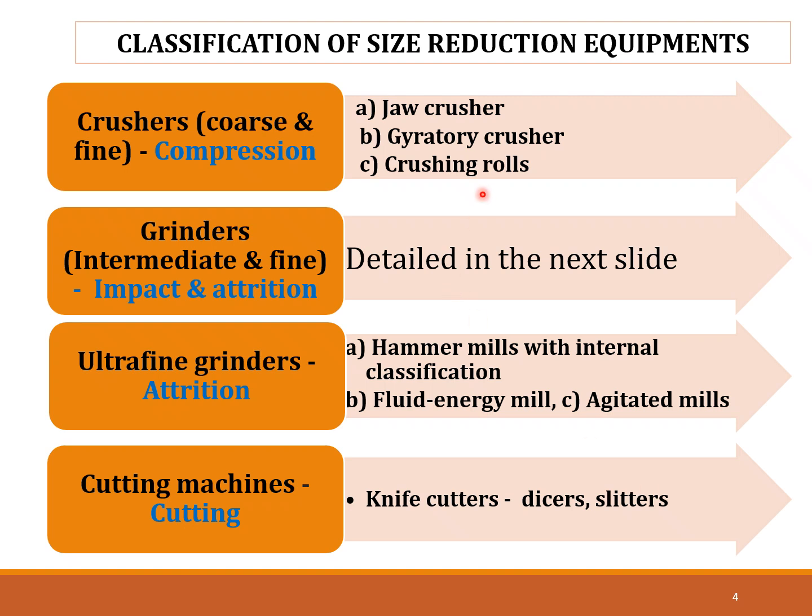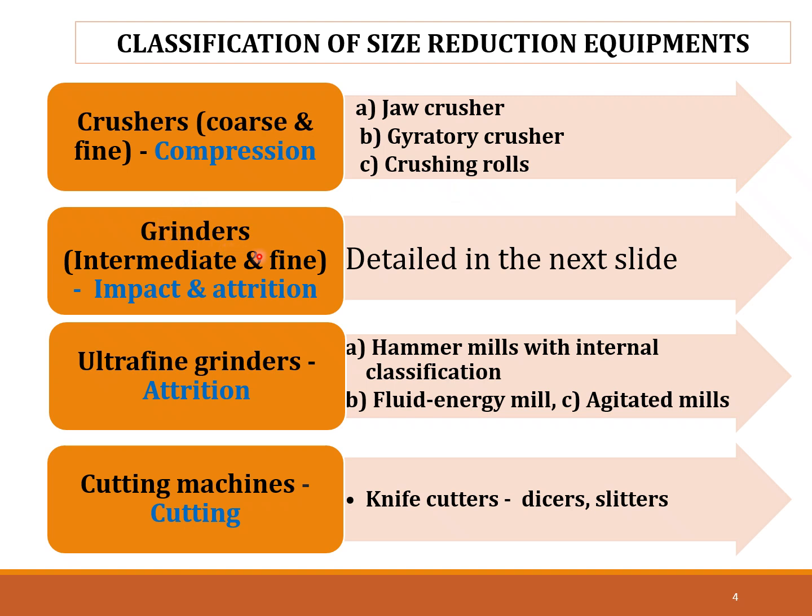Classification of size reduction equipment. Based on the four mechanisms of size reduction, the equipment has been classified as crushers, which help in getting coarse and fine particles. Basically, they act by compression. Examples include jaw crusher, gyratory crusher, and crushing rolls.